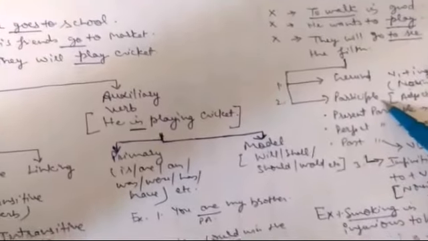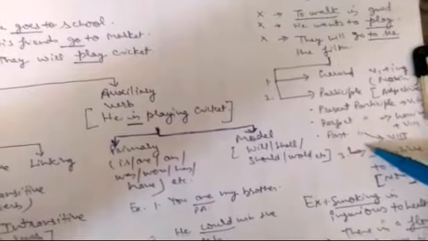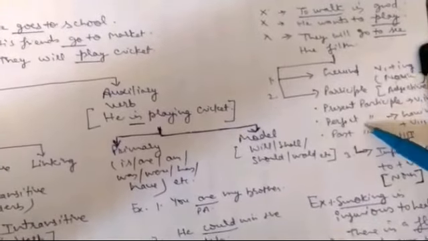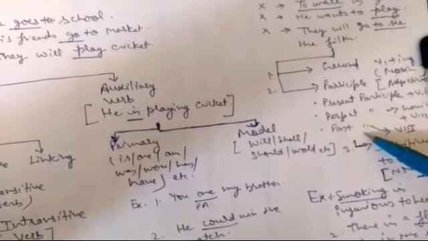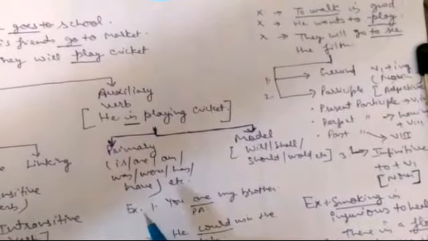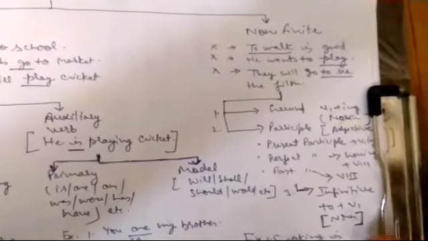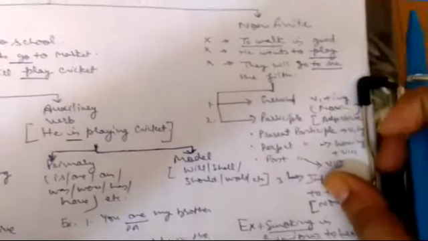Now second is participle. Participle is further divided in three parts: present participle, perfect participle and past participle. Present participle means V first plus ing.